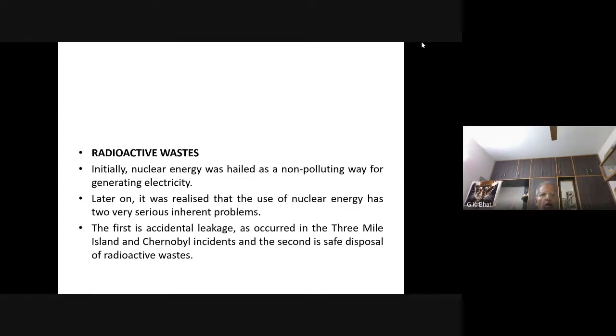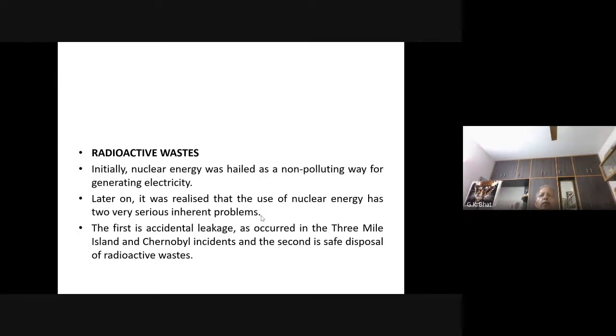So, here, nuclear energy was considered one of the non-polluting ways of generating electricity. But later, it was realized that the use of nuclear energy has two very serious inherent problems. What are the problems? The first is accidental leakage. We should be 100% guaranteed that there will not be accidental leakage.